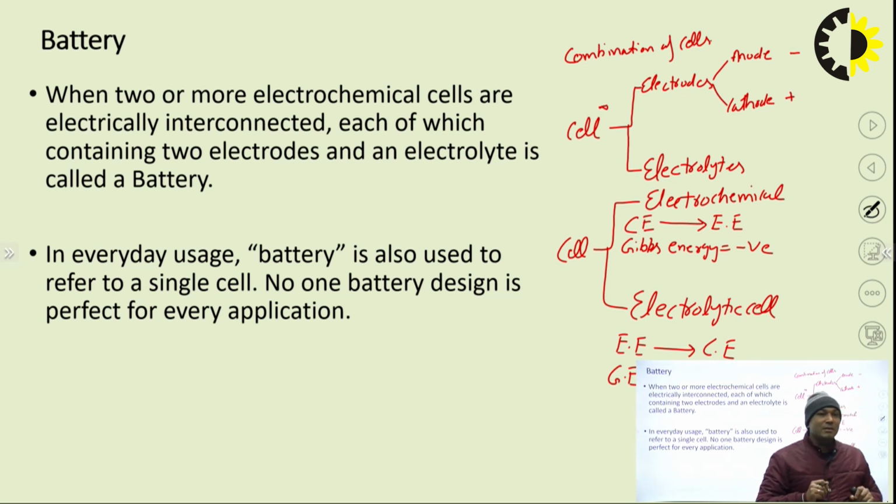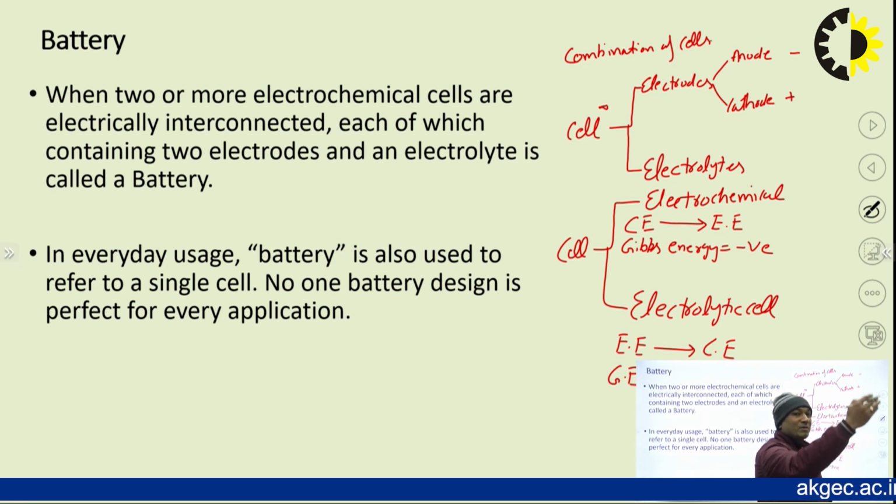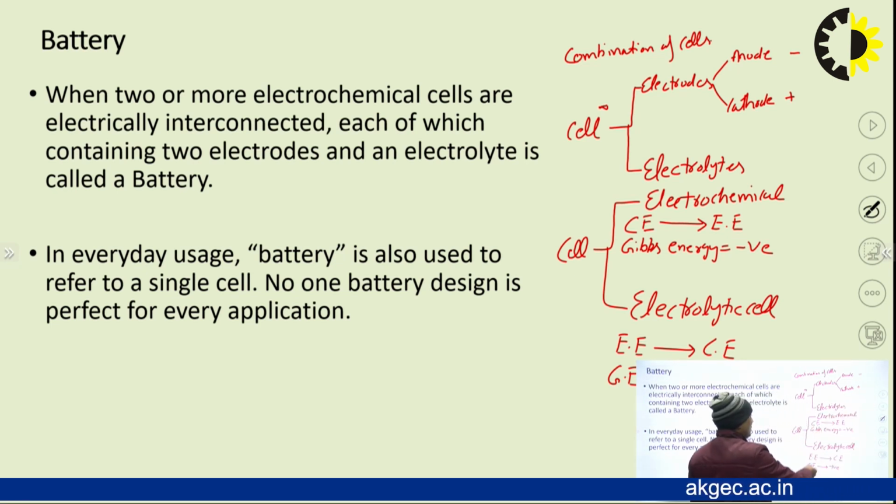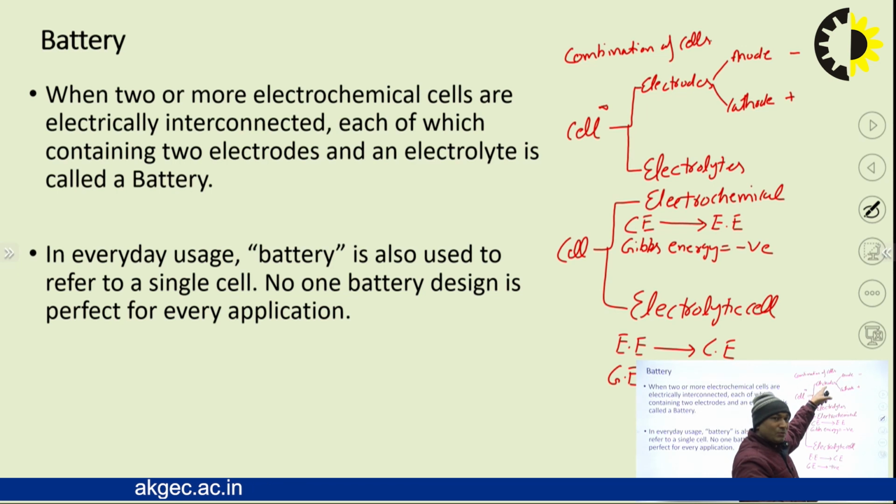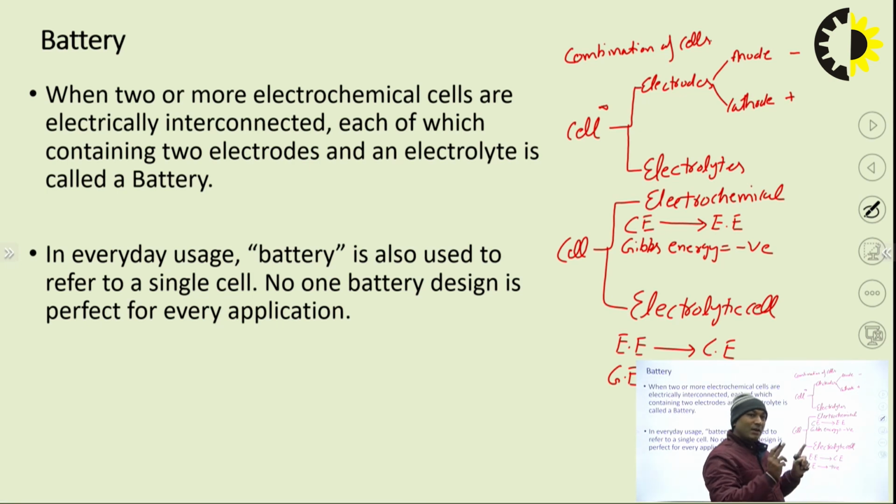Then the electricity goes inside it and your battery is going to be charged. Means Gibbs energy is going to be on a positive scale. So this is also one different classification of cell. And the cell is basically the combination of electrodes and electrolyte. In both electrochemical and electrolytic cells, we have electrodes and electrolytes.